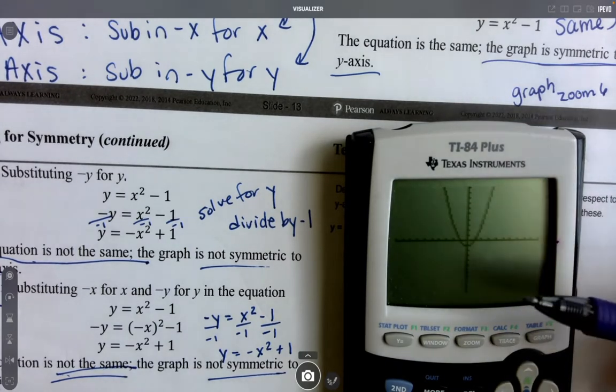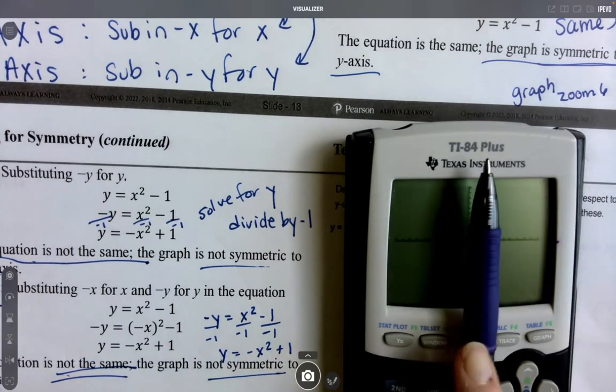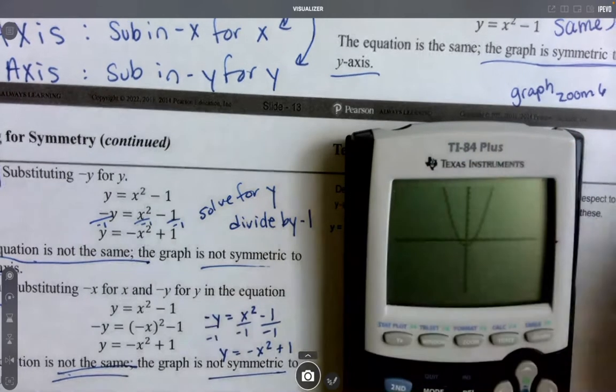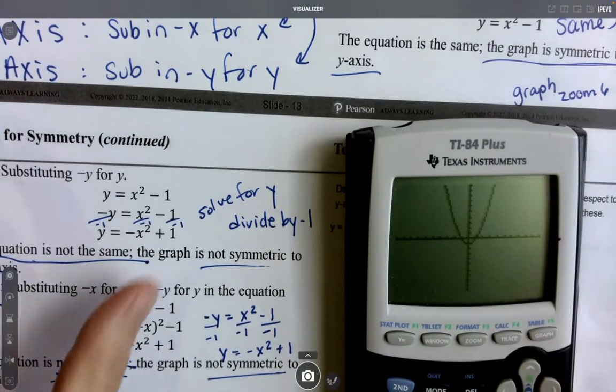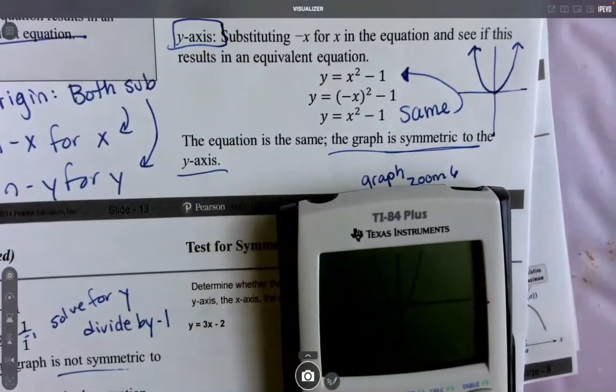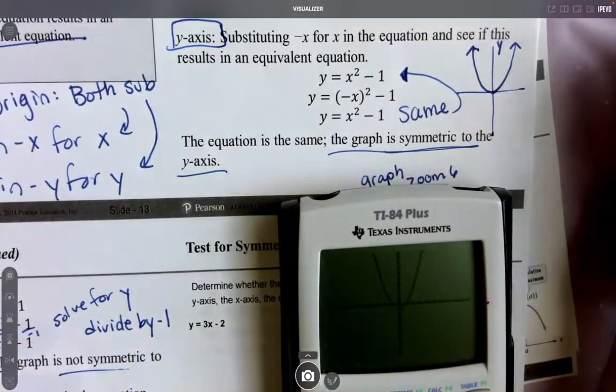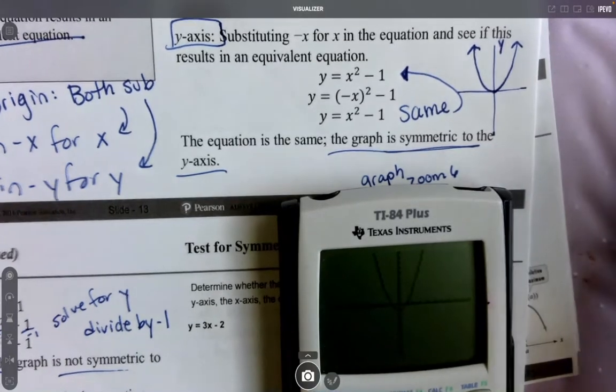All right, so look at it. Look at the y-axis. See how it's the same, it's symmetrical. Whatever I have on the left side, it's the same as the right. That's symmetrical about the y-axis. I kind of drew it over here too. So if you look at it, you can look at it and tell and see if it is symmetrical.